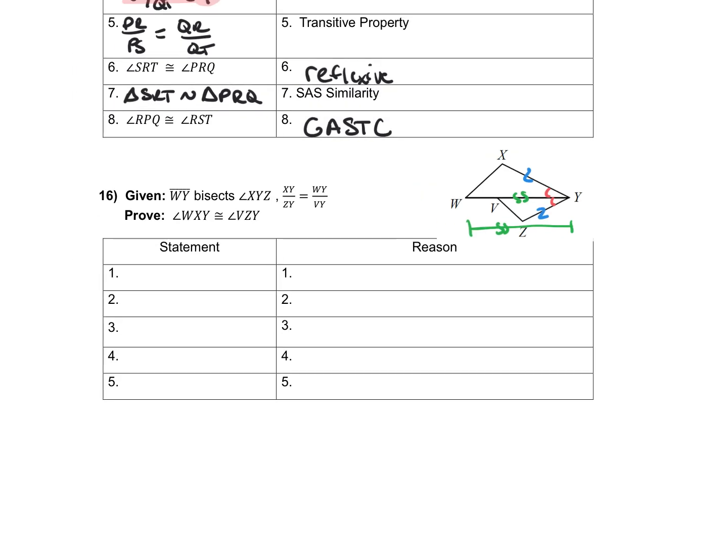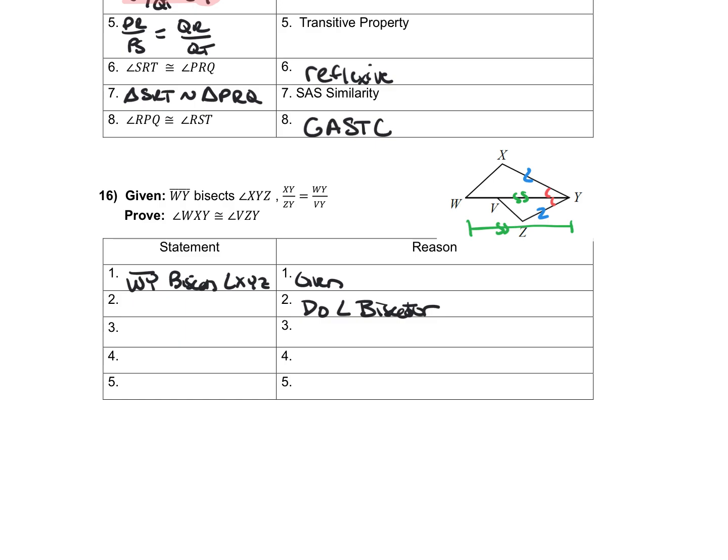So we're going to start with what was given to us. We got WY bisects angle XYZ. This was given. So since I have bisect, I'm going to be using the definition of an angle bisector. So I need to mark my figures.